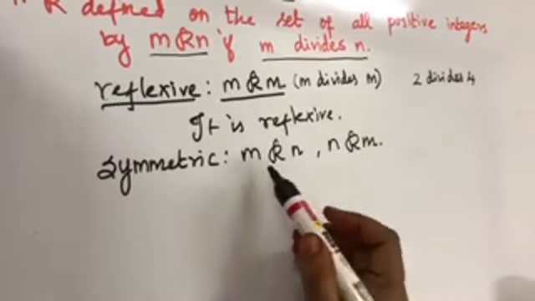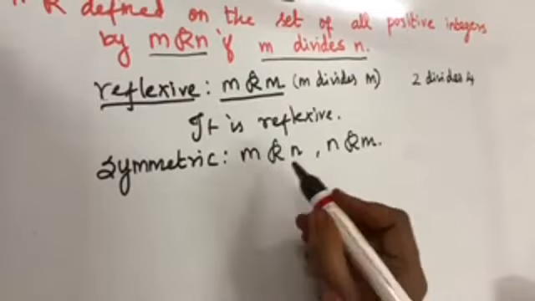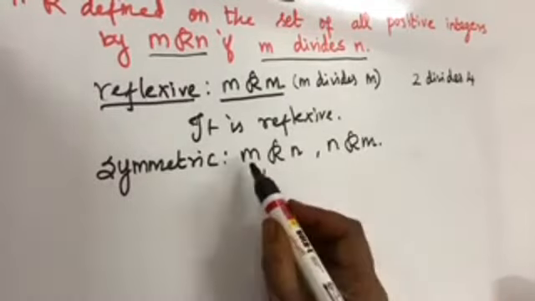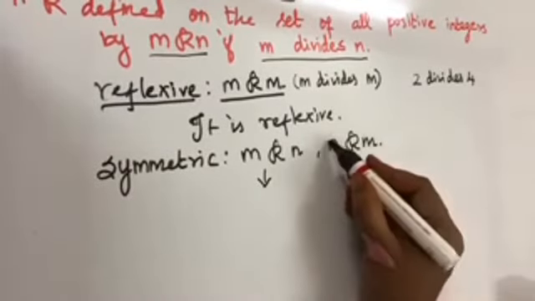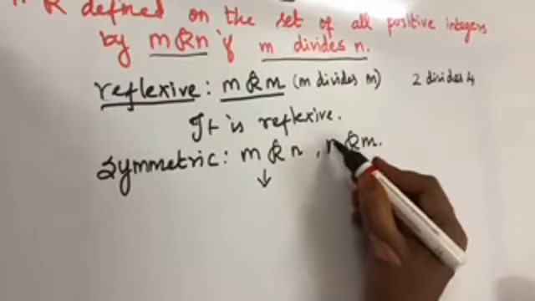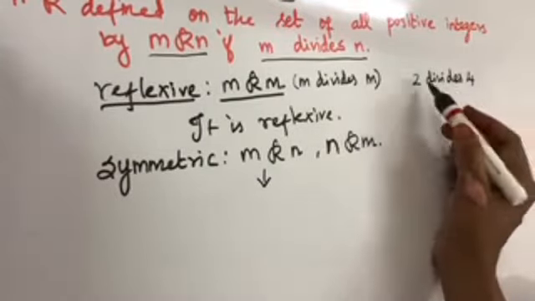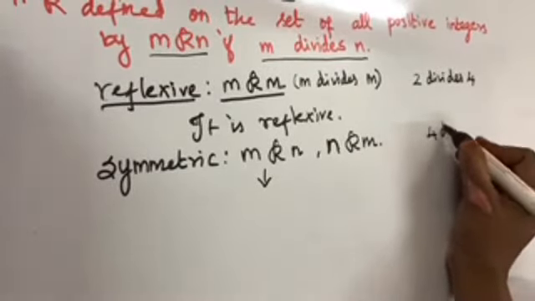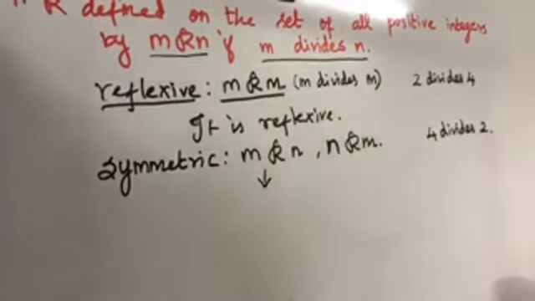So m is related to n means we can take 2 divides 4. But we have to check whether n is related to m. 2 divides 4 is correct, but if I write 4 divides 2, is it right or wrong?